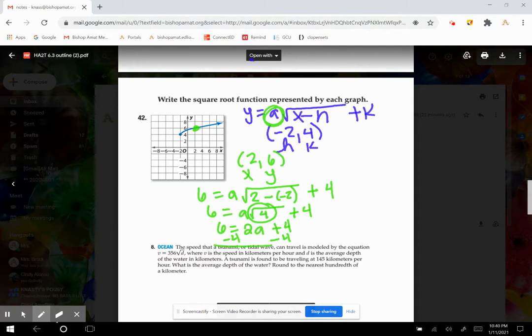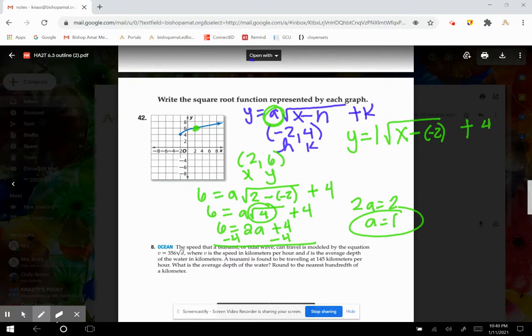And solve like a regular algebraic equation. 2a is equal to 2, so a is equal to 1. Now we can come back up here, use a equals 1, and plug it in. So here's our answer. y equals 1 square root of x minus h, minus -2, plus k, which is 4. So y equals 1 square root, not absolute value, square root of x plus 2, plus 4. There's my answer.